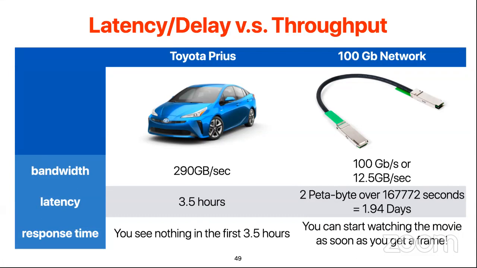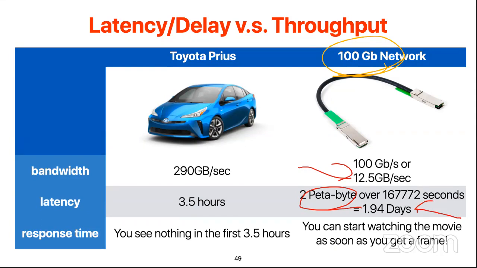Let's say we can improve the network technology, and we have a 100 gigabit network, which means you can transfer 12.5 gigabytes of data per second. If you have 2 petabytes of data, it takes about 2 days.